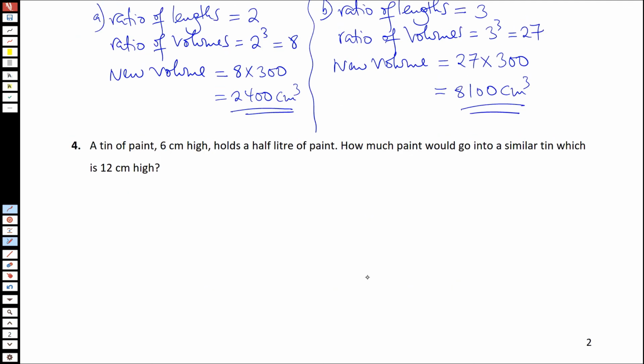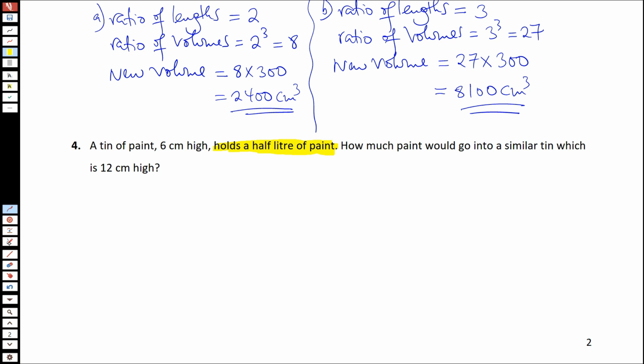Number 4, we have a tin of paint, which is 6 centimeters high, and this tin holds half a liter of paint.